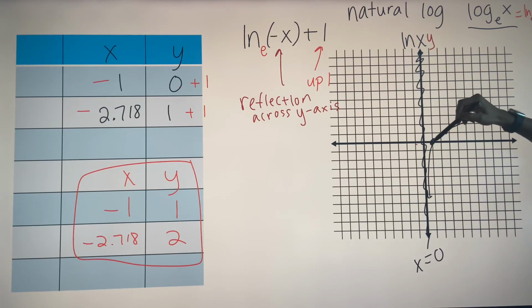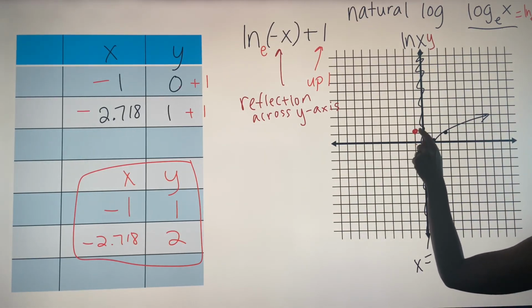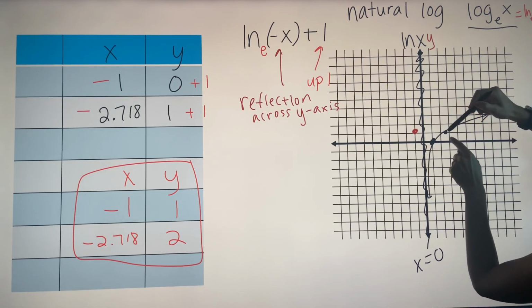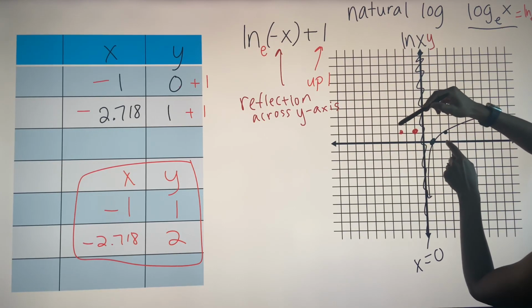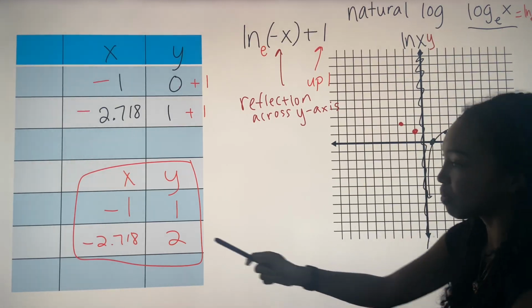So this point will hop over the y-axis, so it's here, and then it'll go up 1, so now it's here. So that's how that point transformed. And look, -1, 1 is its location. -1, 1. That matched. Next, I'm going to reflect this point over the y-axis, so it goes right there, and then it moves up 1 right here. And notice that matches what I have in my table.